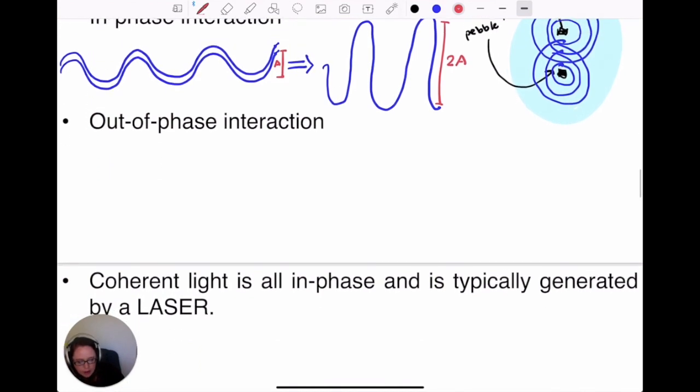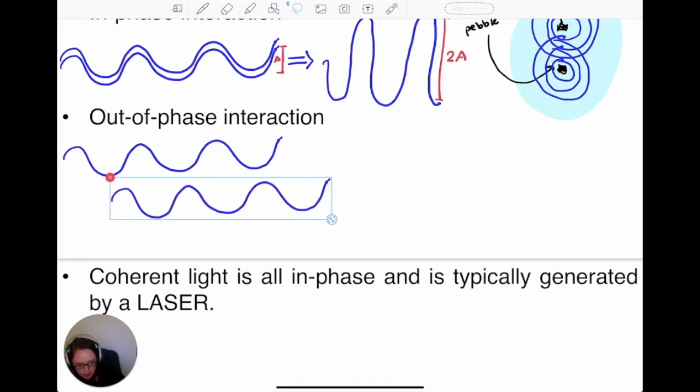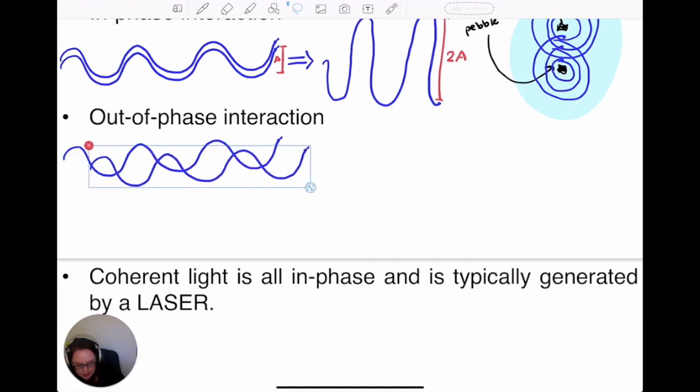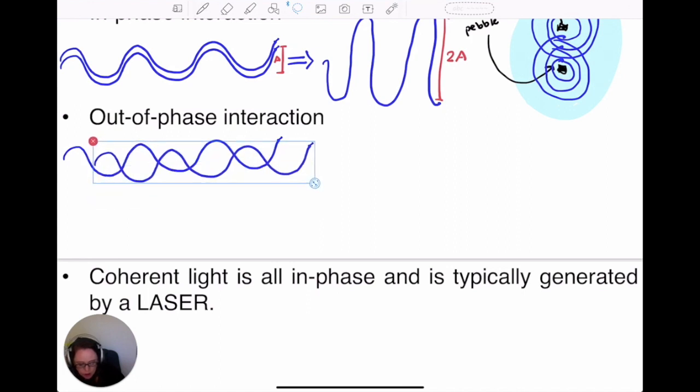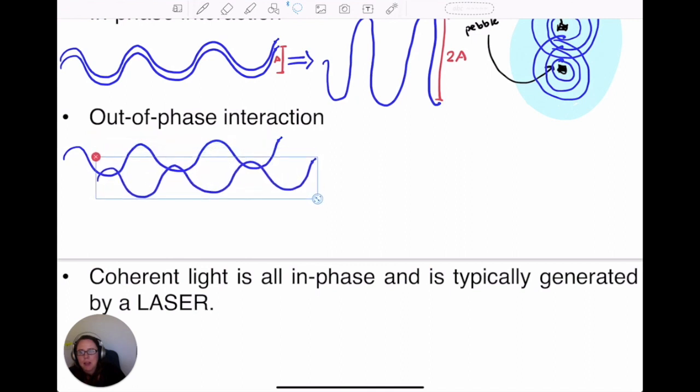If we have an out-of-phase interaction, then our two waves, instead of being right on top of each other, are offset by exactly half a period. Where we have a peak, the second wave has a trough, and where the first wave has a trough, the second wave has a peak.